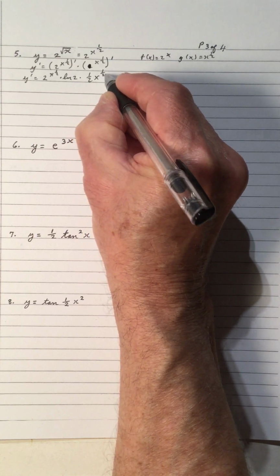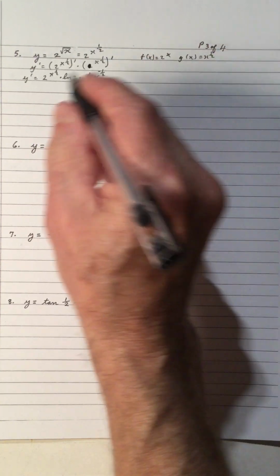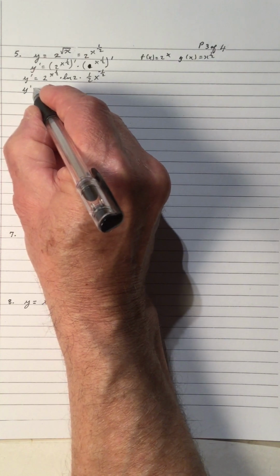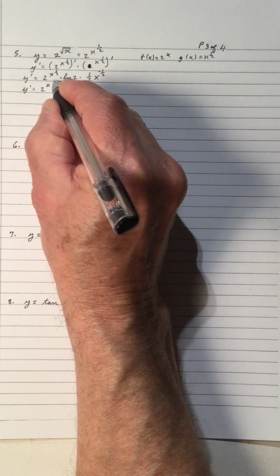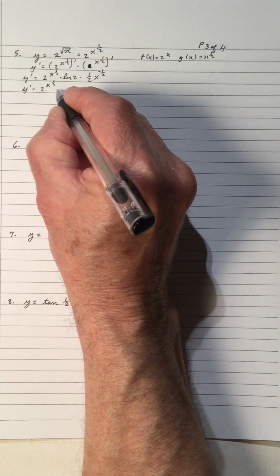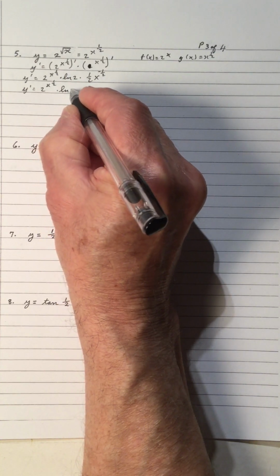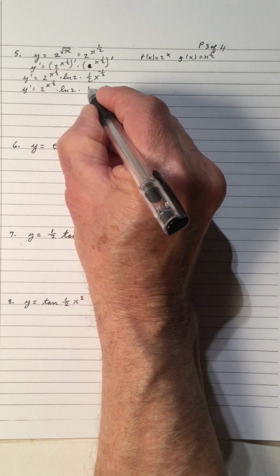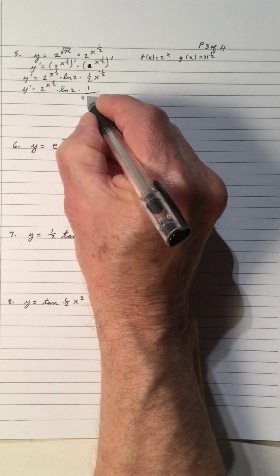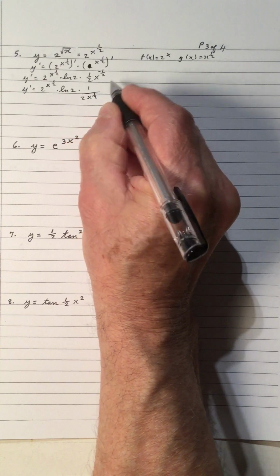A half minus 1 is a negative half. And we simplify that. We have 2 to the x to the 1/2 times ln 2, and this is 1 over 2 x to the 1/2.